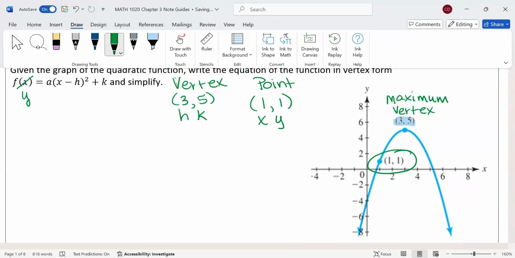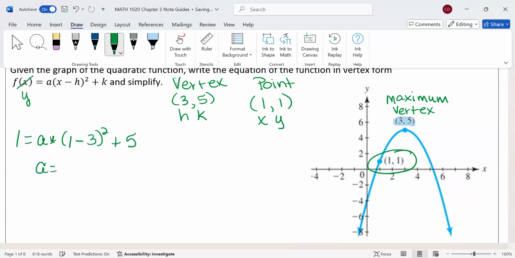Okay. So let's fill in these points. So x is 1 minus h, which is 3 squared, plus k, which is 5.